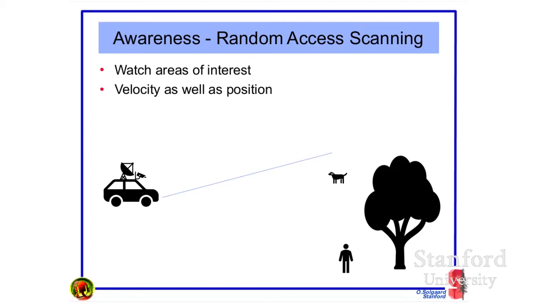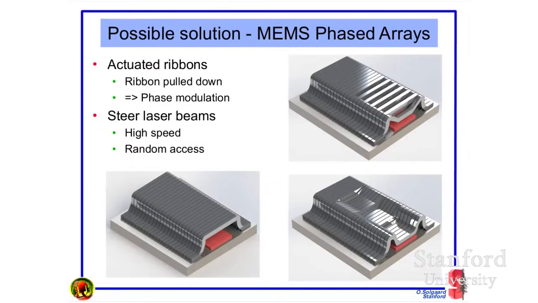So awareness is really what the Internet of Things is all about. Being aware of the environment. One way to get that functionality I just showed you is to use phased arrays. So this is one possible solution. We're working with that to have scanning mechanisms that allow you to jump to any point in your field of view, not scan across or get the whole picture at the same time.